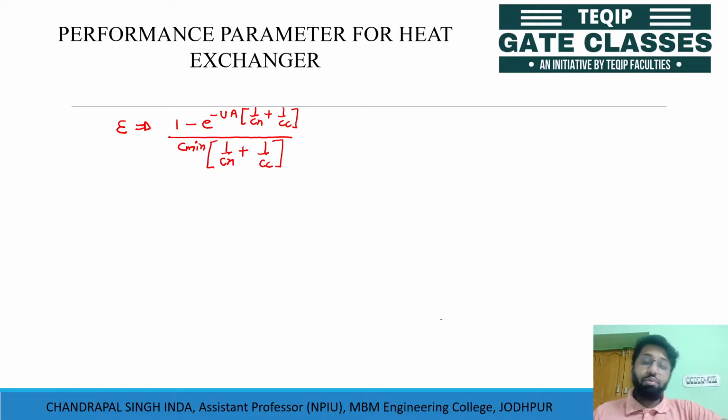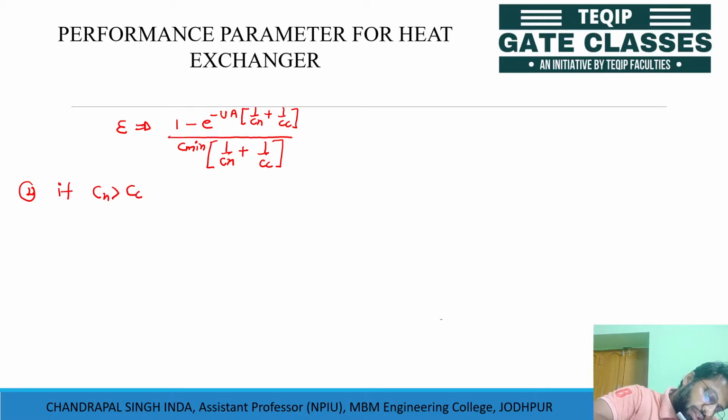So here we have two cases. In the first case, if Ch is greater than Cc, it means the minimum heat storage capacity is related to the cold fluid.